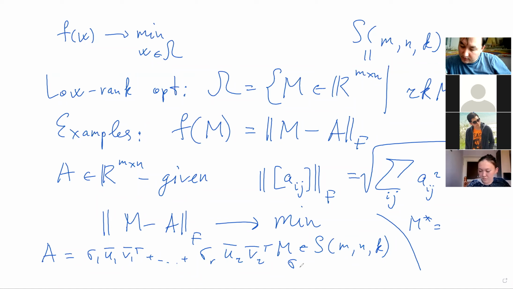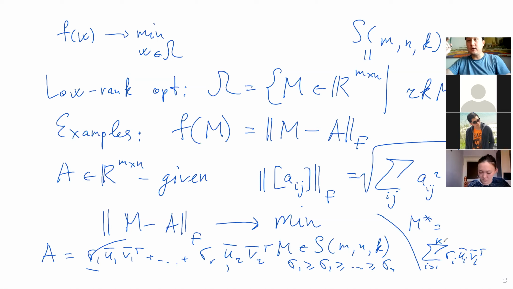Of course, singular values are ordered by value, non-increasingly. So when you take only the first k terms in that sum, the sum of sigma_i u_i v_i transposed for i from 1 to k, this is the so-called truncated SVD.